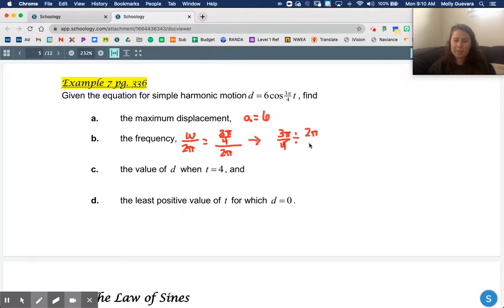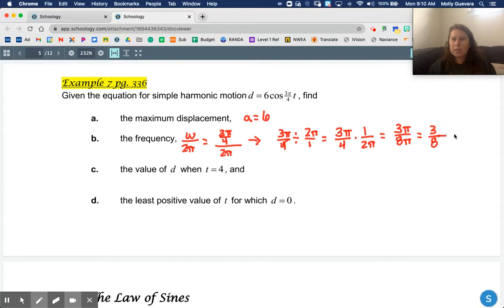I can make this 2 pi over 1. So then I can copy dot flip. So 3 pi over 4, this is just basic fractions, right? Copy dot flip, and then I multiply straight across. So 3 pi over 8 pi. The pi's cancel, and I get 3 over 8.